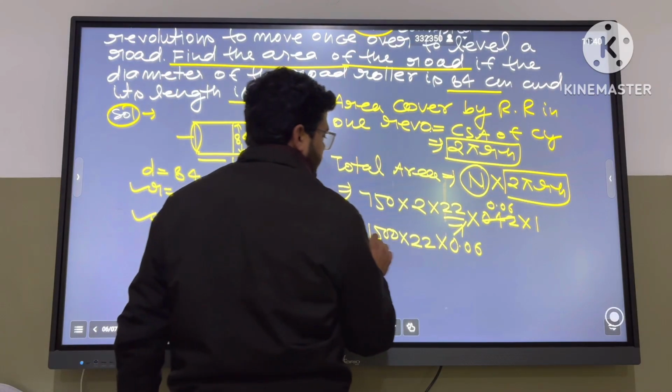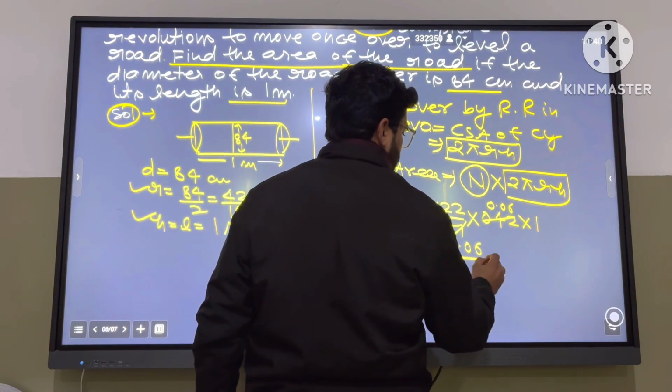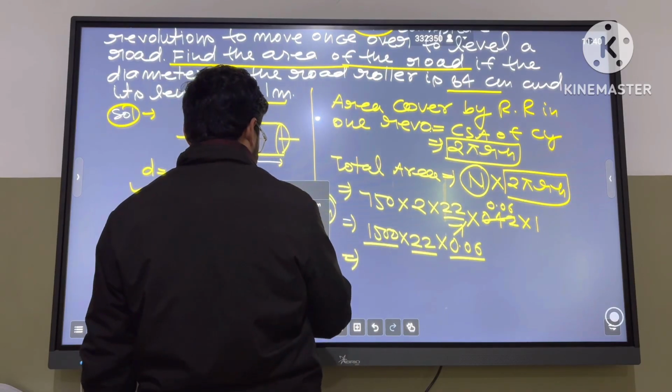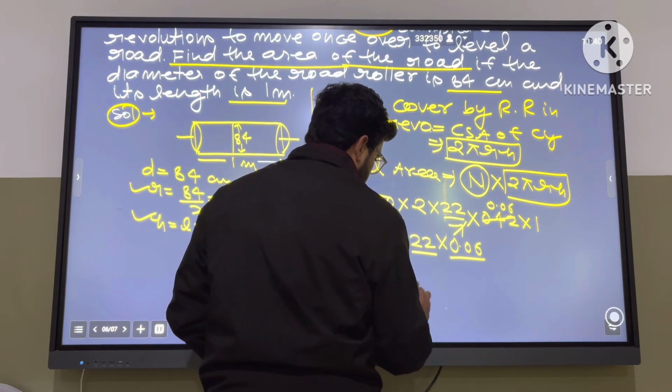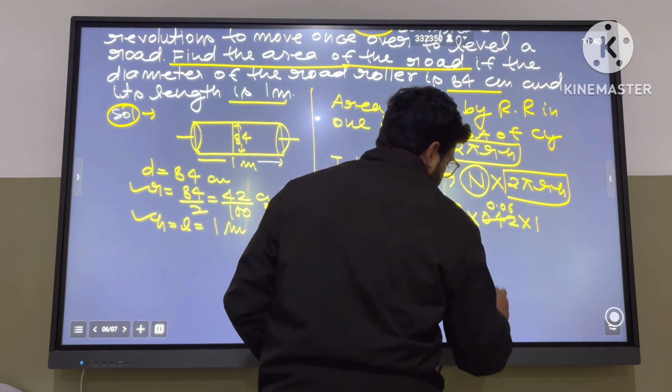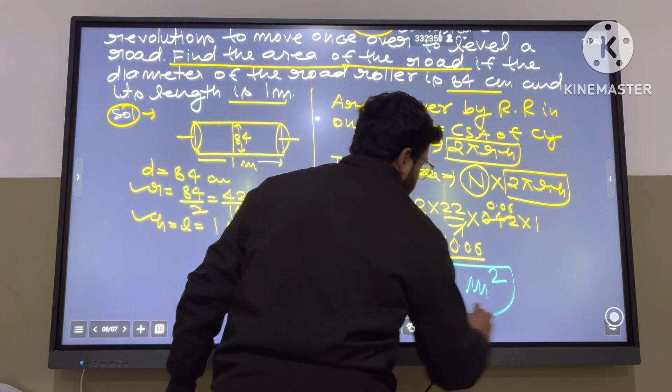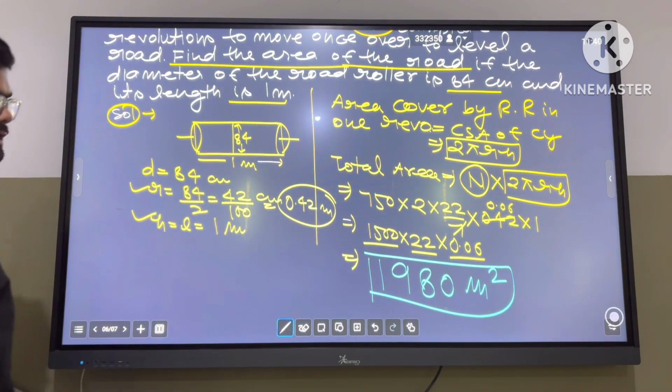After multiplying 1500 into 22 into 0.06, you will get the answer 1980 meter square. The answer is 1980 meter square.